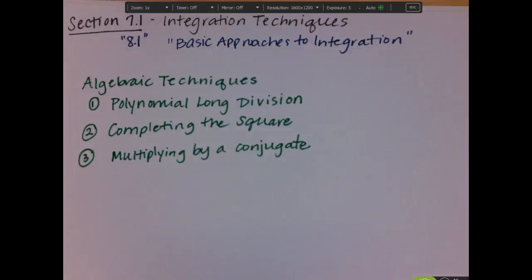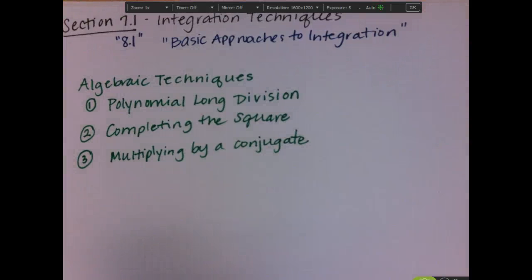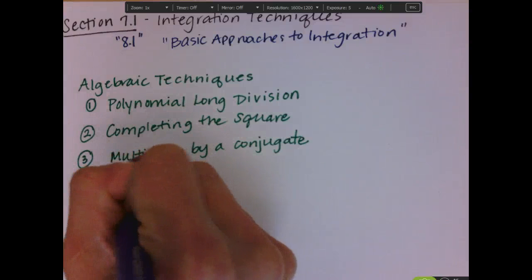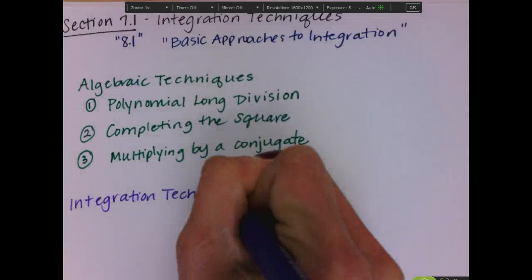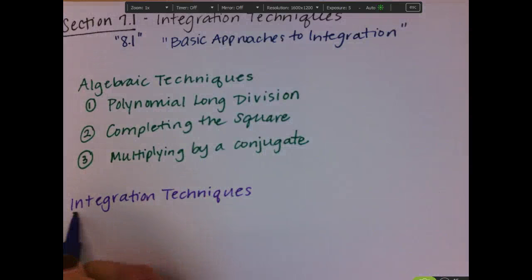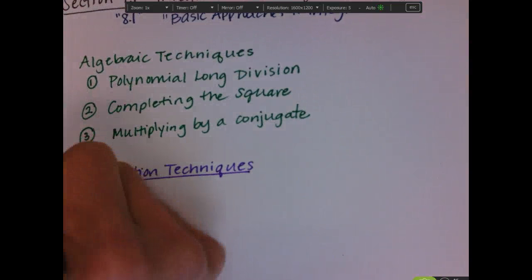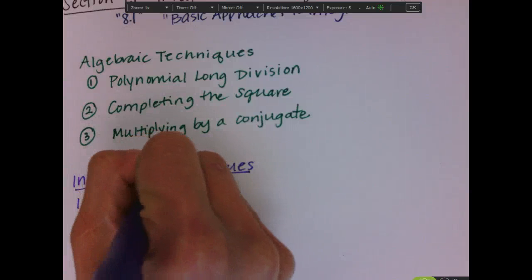But what we're going to do is utilize them in order to integrate some pretty complicated looking things. So aside from the algebra, here are the integration techniques that we're going to be looking at in this section. So we'll have a list of them. One integration technique that you should be familiar with is substitution.